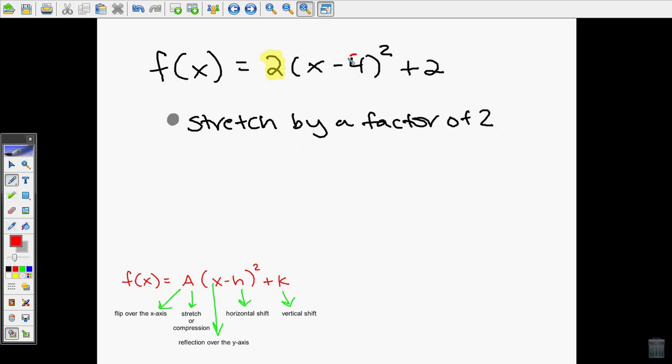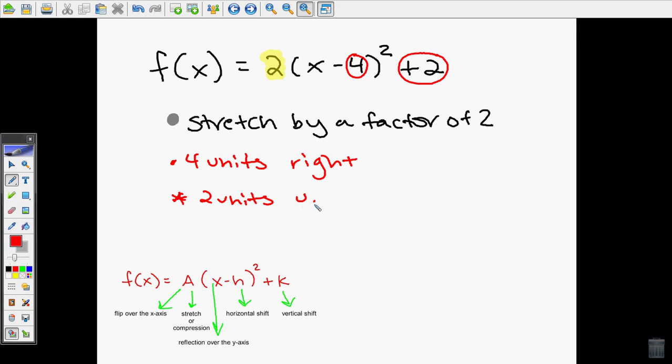This 4 right here tells me that I'm going 4 units to the right. And then this positive 2 right here tells me that I am going 2 units up. Okay, so this entire graph is stretched by a factor of 2. It's moved 4 units to the right, and it's shifted 2 units up.